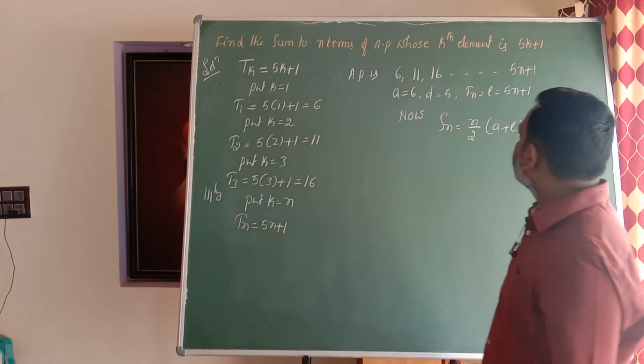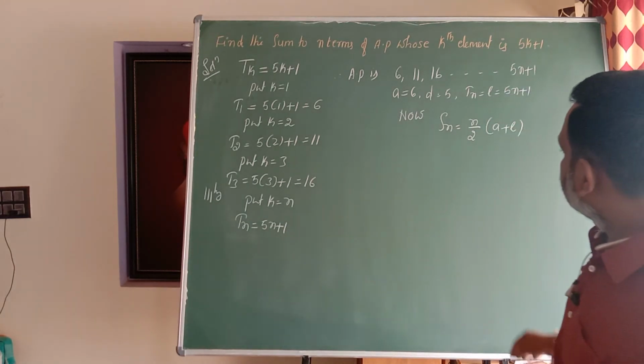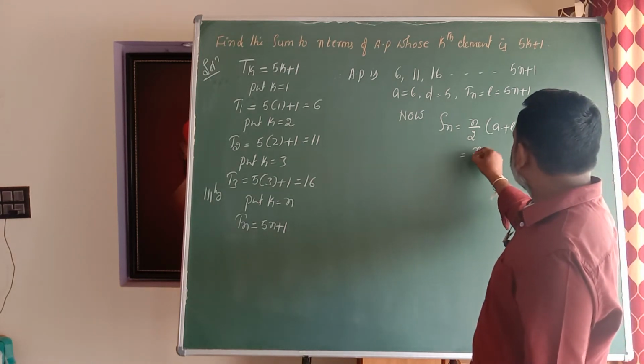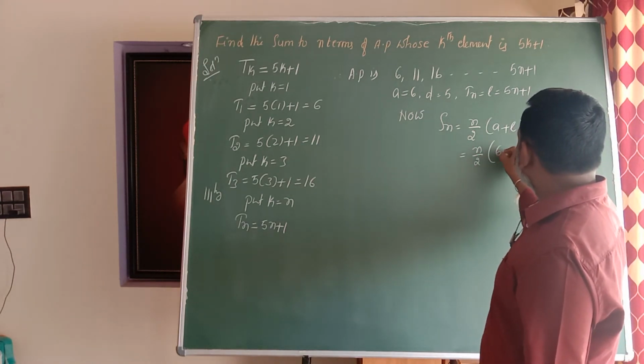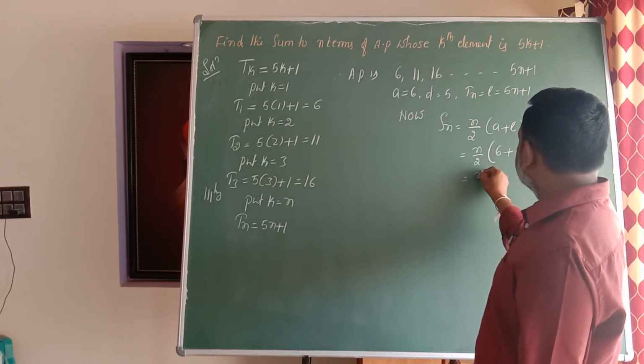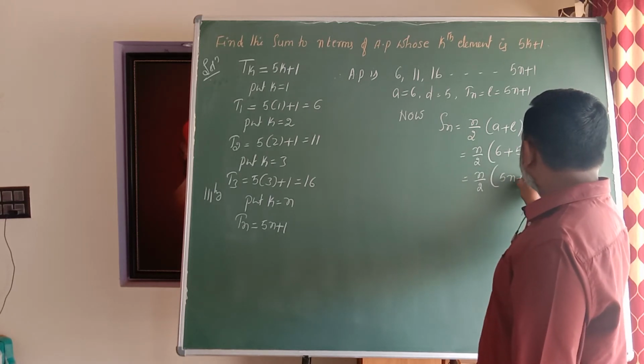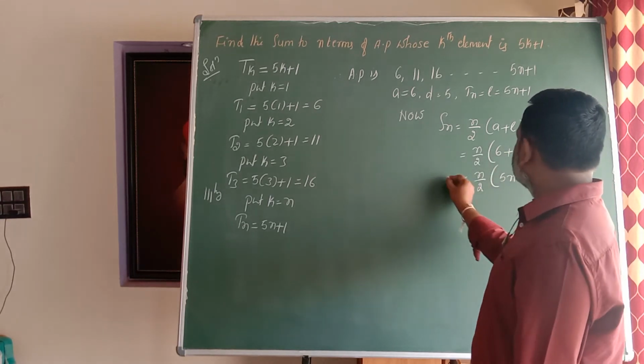This is the formula. They are asking to find the sum to n terms, right? So that is equal to n by 2 into, a is 6, plus l, which is 5n plus 1. Just simplify this. n by 2 into 5n plus 6 plus 1, which is 7. This is Sn.